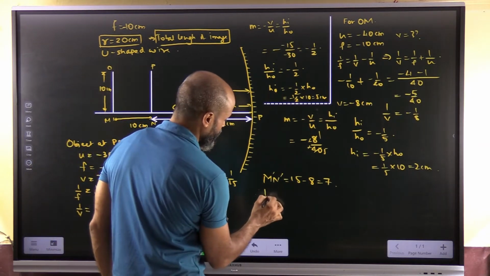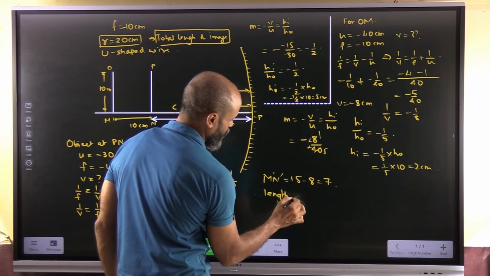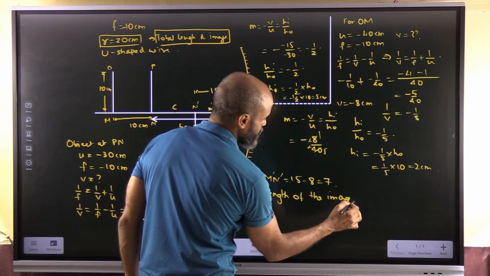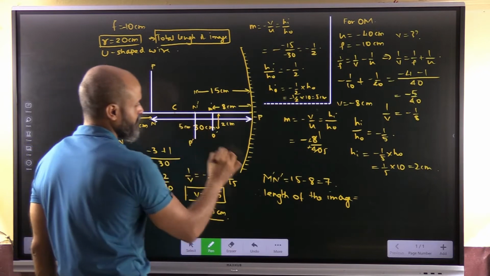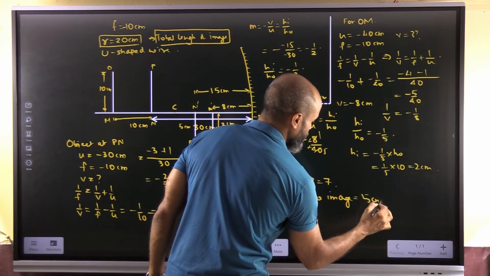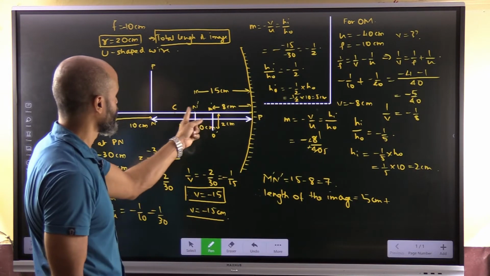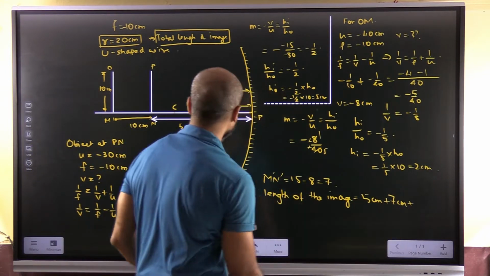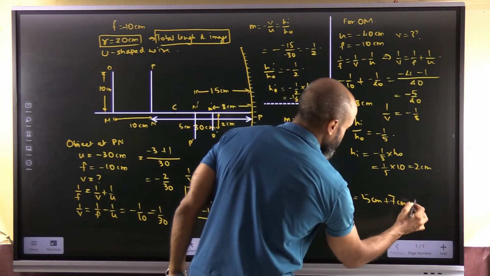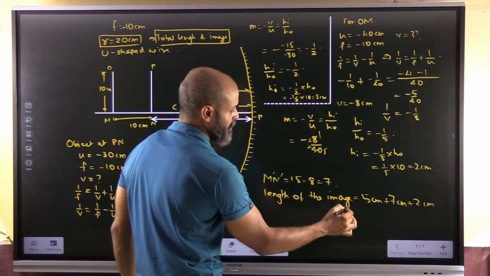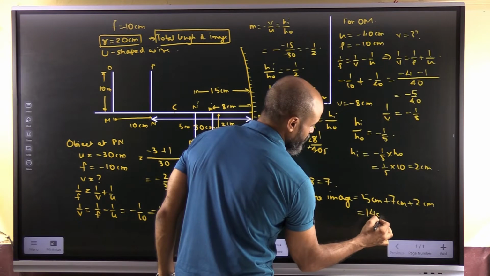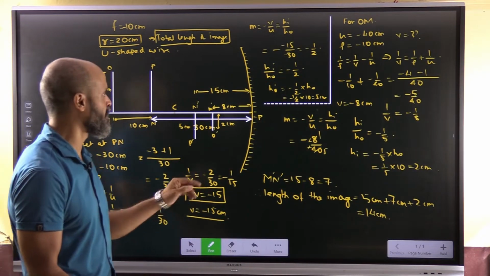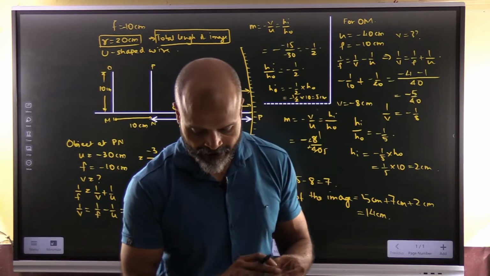So therefore length of the image is going to be how much? 5 centimeter plus this is 7 centimeter plus 2 centimeter. So that will be 5 plus 7 is 12, 12 plus 2 is 14. So this will be 14 centimeter. The length of the image will be 14 centimeter. That's how we are going to calculate this one. Okay.